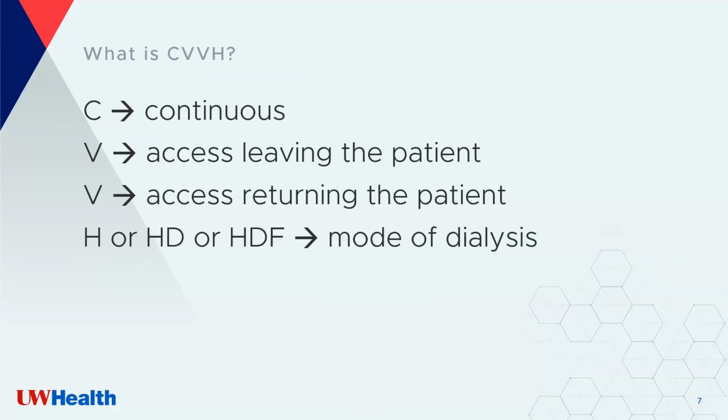The CRT can either have venous or arterial access when looking at how it's leaving the patient or returning to the patient. So we would potentially be able to have arterial access, but it requires using the patient's systemic blood flow, so it's not optimal in hypotensive patients. So primarily we use venous access in our patients with CRT.